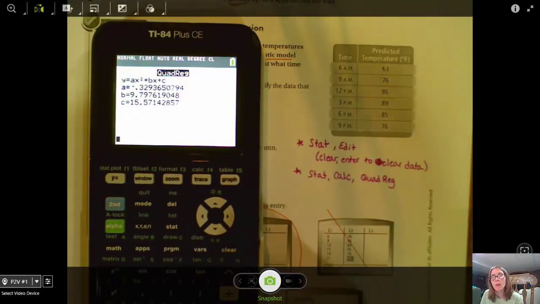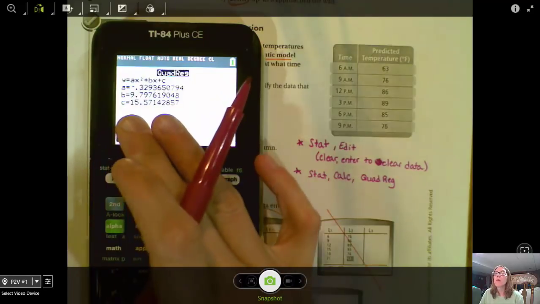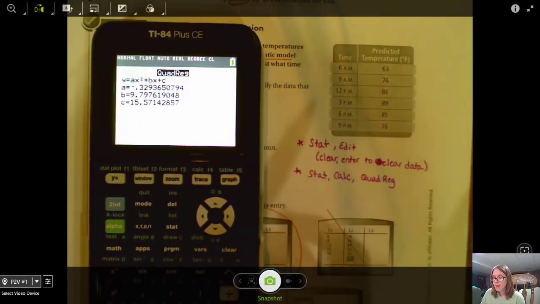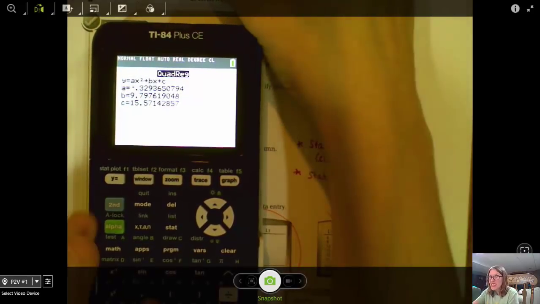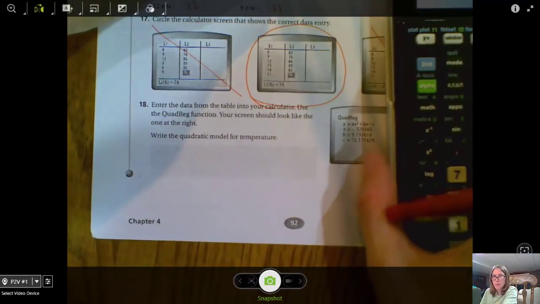When we are writing our equation based off regression, the more that we round this, the farther off our function will be from our data. So really, the more digits, the better. I'm going to keep that in mind when we write out our function.